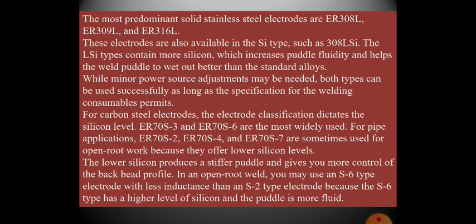For carbon steel electrodes, the electrode classification dictates the silicon level. ER70S3 and ER70S6 are the most widely used for pipe application, ER70S2 is utilized for others, and ER70S4 is also utilized in combination with ER70S7. These codes we discussed in a previous lecture, and they are sometimes used for open root work because they offer a lower silicon level.